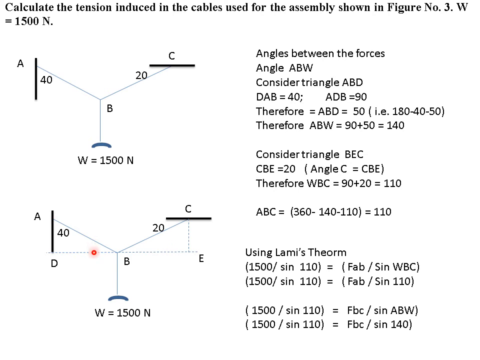Now if this is 50, again I know this is a horizontal line and this is a vertical line, so this angle has to be 90. So 90 plus 50, this total angle will be 140 degrees. Therefore ABW, see this is AB and W I have shown here, is 90 plus 50, that is 140. Now consider triangle BEC. If this is 20, this has to be 20.